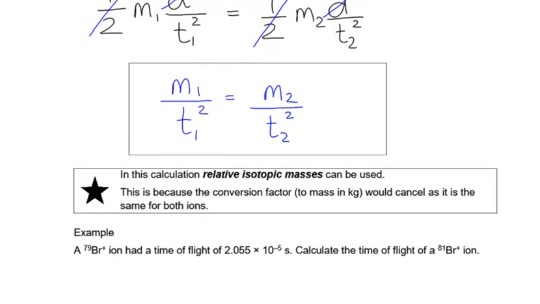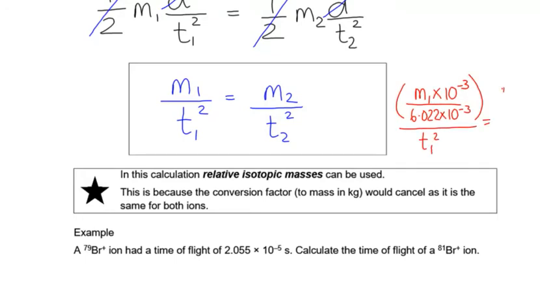You could, if you wanted to, convert those masses into kilograms, which you should do for nearly everything in time of flight mass spectrometry. But what you'll find is, to convert to kilograms, you would do mass 1 times 10 to the minus 3 divided by Avogadro's, and that would be our new mass value, and then we'd divide that by t1 squared.